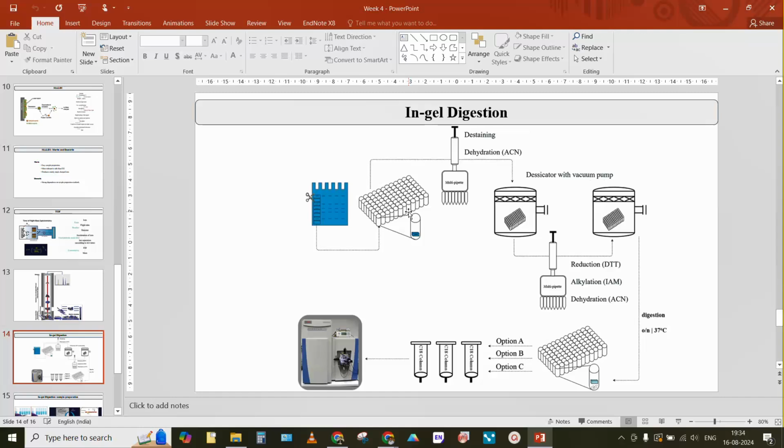Once the protein sample has been digested, all the salt, buffer and any detergent must be removed from the sample. So after in-gel digestion and before proceeding to the mass spectrometry analysis, an efficient step is to use filters, or what we call a ZipTip, which can eliminate some of these contaminants and salts.